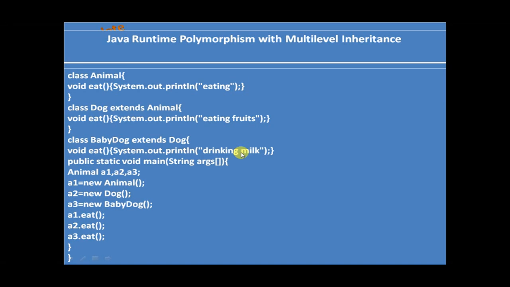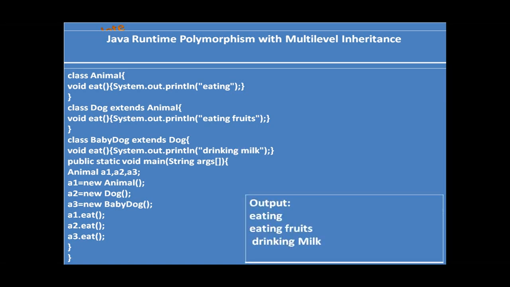If you run this program you will get the output eating fruits or drinking milk. It means the reference type does not matter, but whichever object that reference variable holds, that object's method will be executed. Okay.